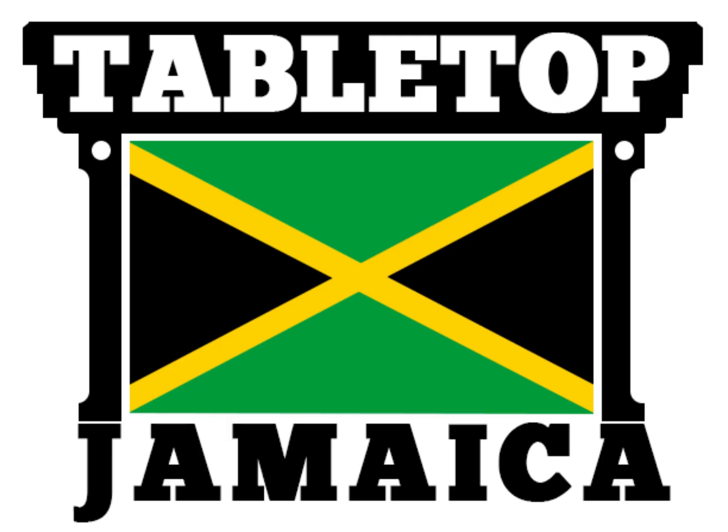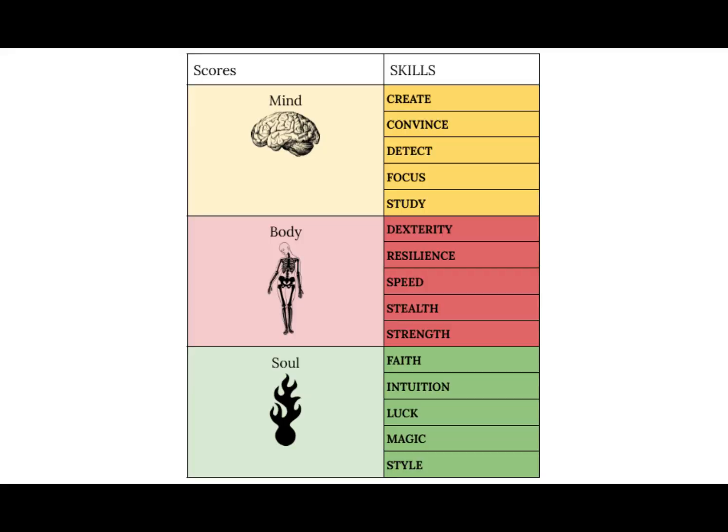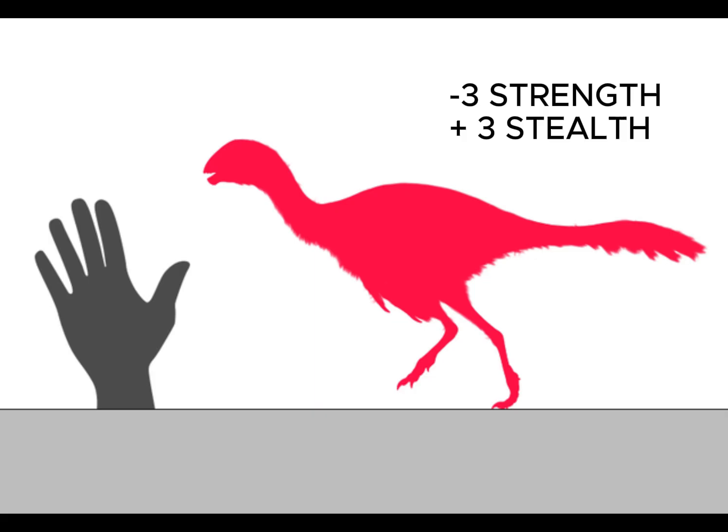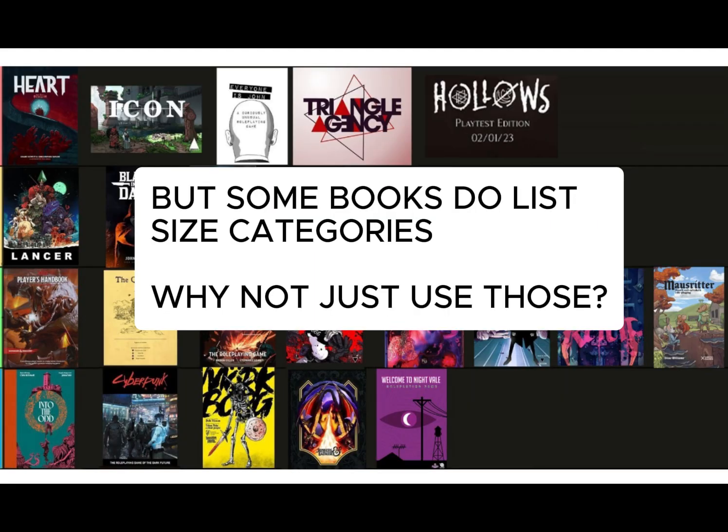Very importantly as well, from a game design perspective, I wanted to create an inverse relationship between strength and stealth, where creatures larger than humans would get higher strength modifiers and lower stealth modifiers on average. And the opposite would happen if the creature was smaller than human, where they'd get lower strength but better stealth.